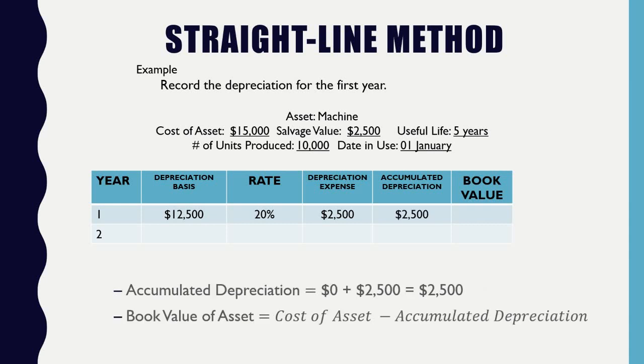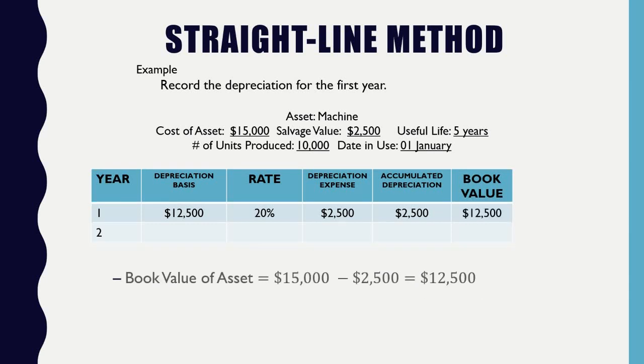And lastly, what is our book value as of year number 1? 12,500. Okay, good. Let's go ahead and solve for the second year. So same thing. Our depreciation basis is going to be our cost of asset minus our salvage value.